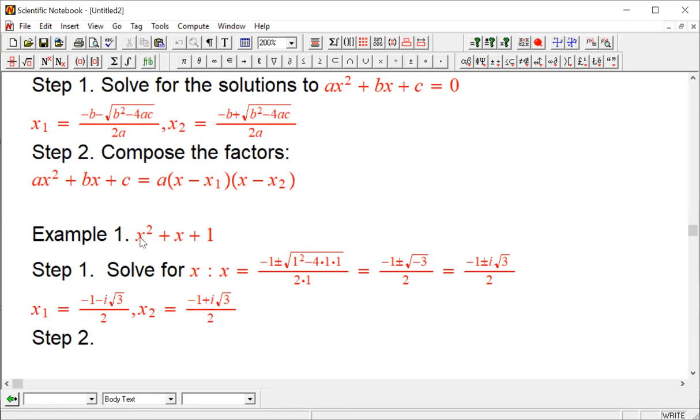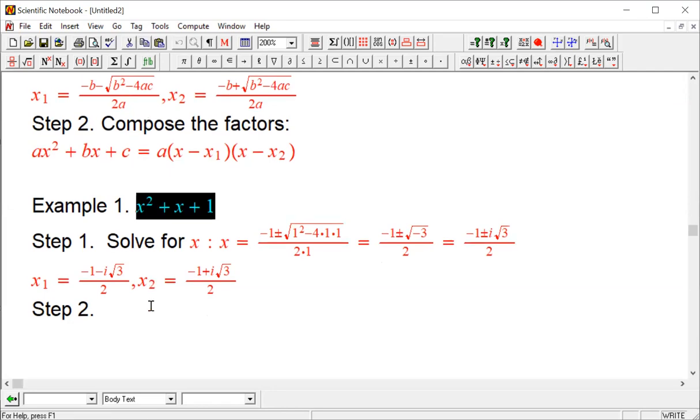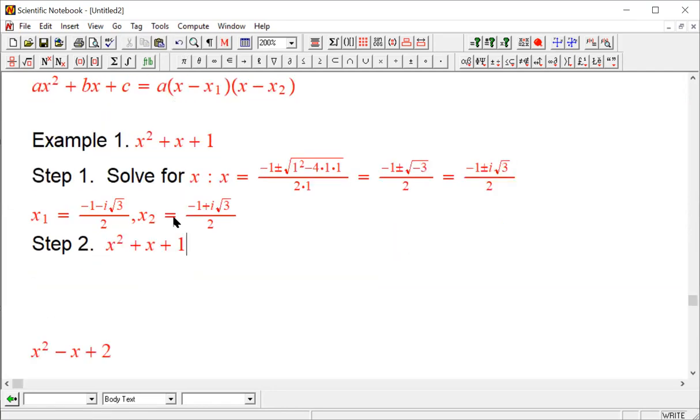And step 2, we're going to compose the factors. The factors are going to be x minus x sub 1 multiplied by x minus x sub 2.